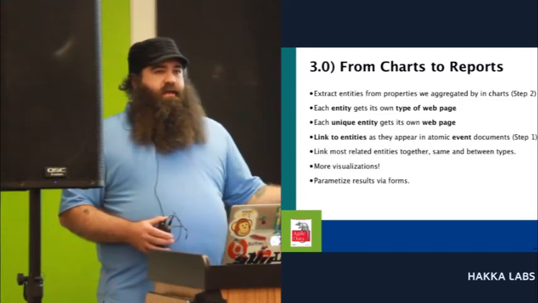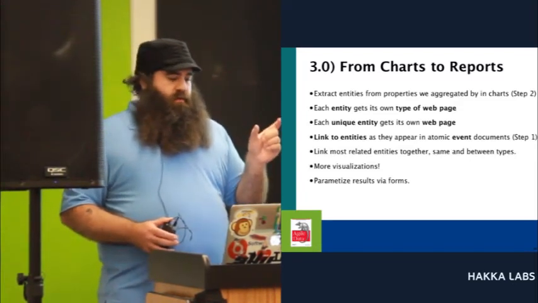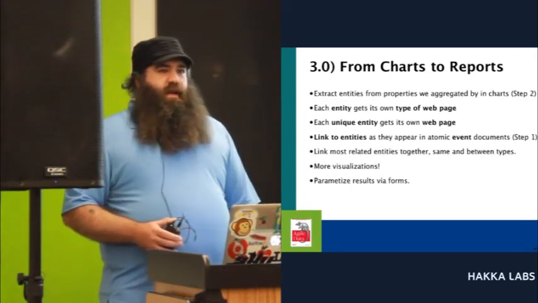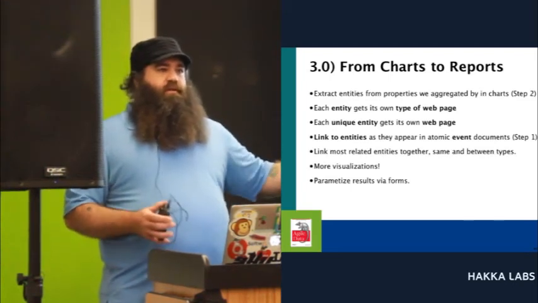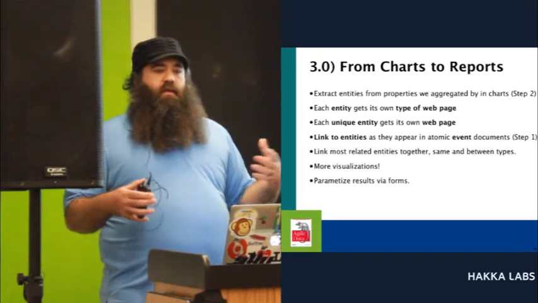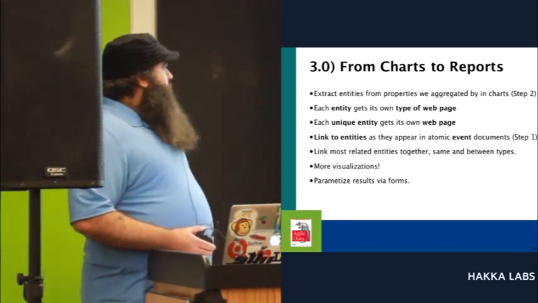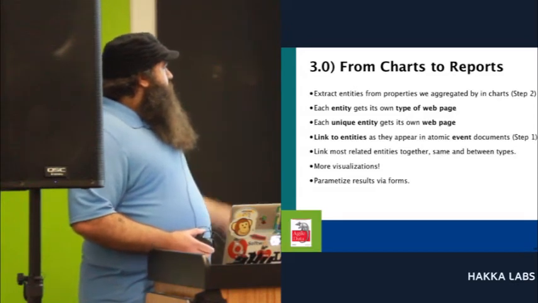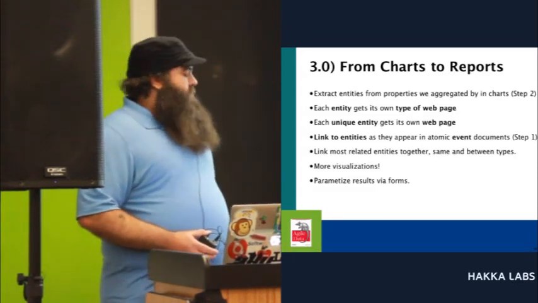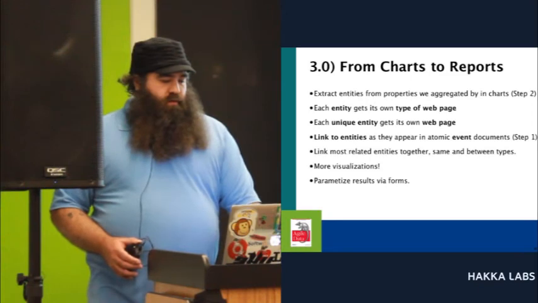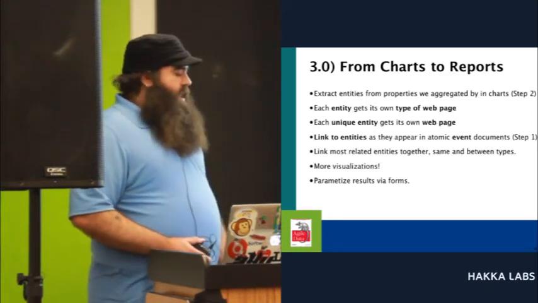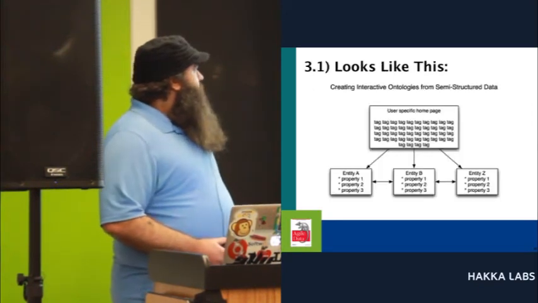Each unique entity gets its own web page with a unique ID. We can then link to entities as they appear in our atomic records. In this case, emails, an email address can be a link, that kind of thing. So we link most related entities together between types and within the same, do more visualizations, parameterize these results with forms. What we're doing is creating interactive ontologies of semi-structured data.